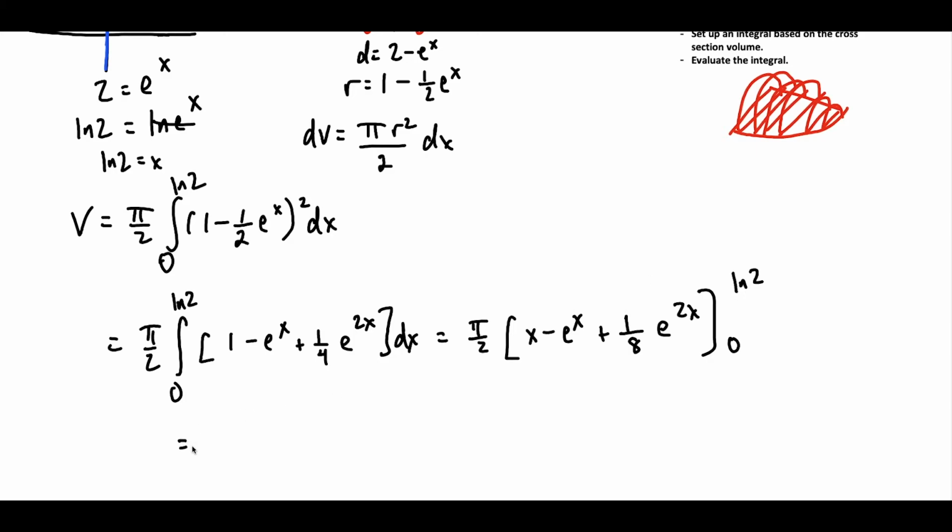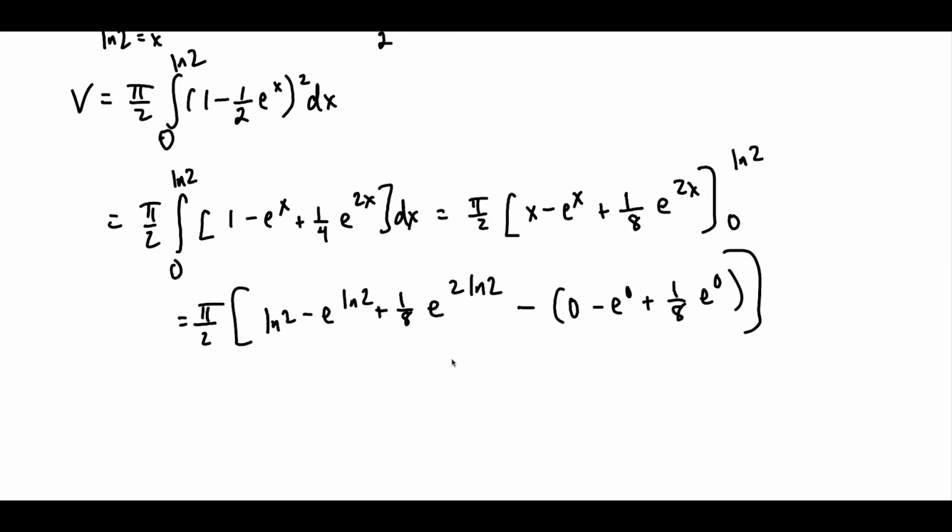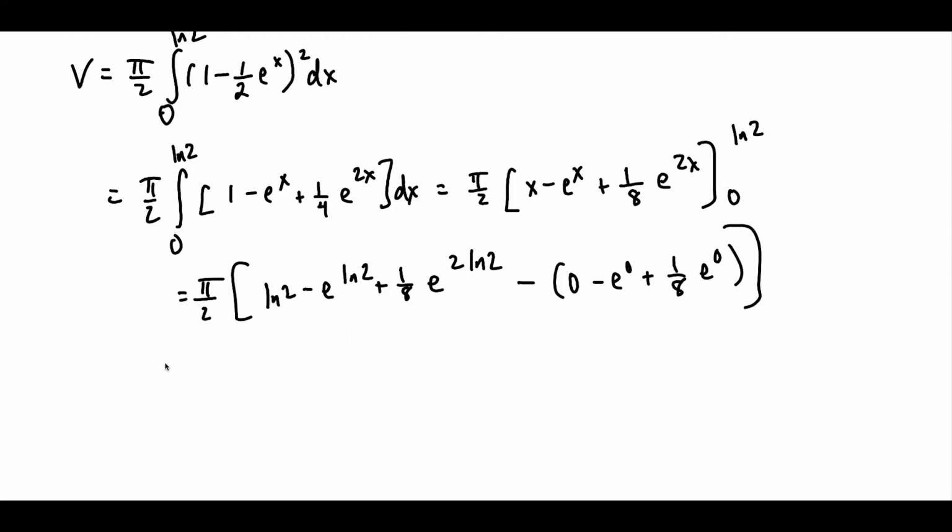So then to close this out, we just have to plug everything in. We're going to have natural log 2 minus e to the natural log 2 plus 1/8 e to the 2 natural log 2. And now minus, we substitute in 0, we get 0 minus e to the 0 plus 1/8 e to the 0. So this is just a lot of stuff to simplify, but we'll go ahead and do that. We've got natural log 2 minus, and this is going to work out to 2.